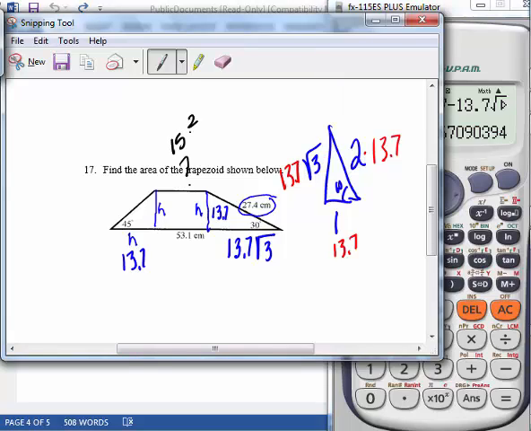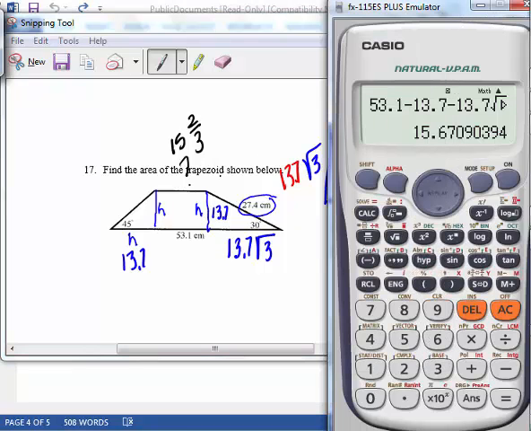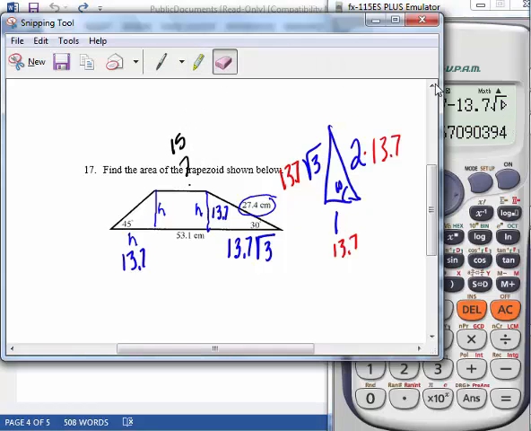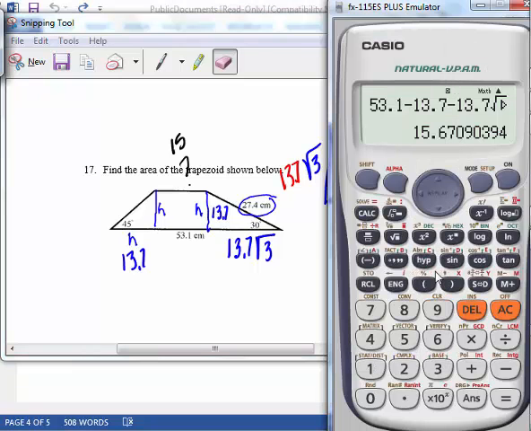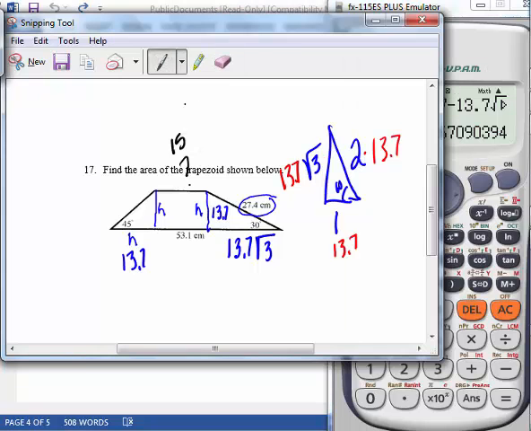15 2/3 centimeters, or 15.67. It's 13.67. Let's do it that way instead. 0.67.